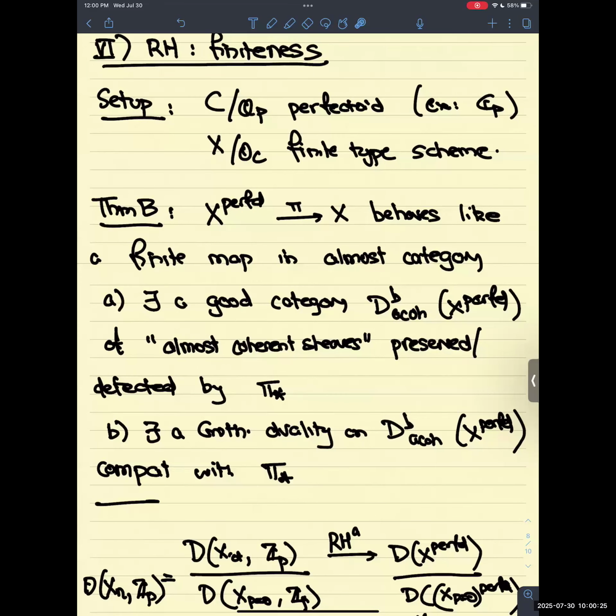If you're asking what am I using beyond the fact that X is finite type, the proof uses certain properties of X^perf. I said that X^perf has these atlases, U mod R, and the precise atlases we need to run this argument are those of the form U mod R, where U to X is a universal homeomorphism mod p. So that's just the technical input that's needed. Thanks.